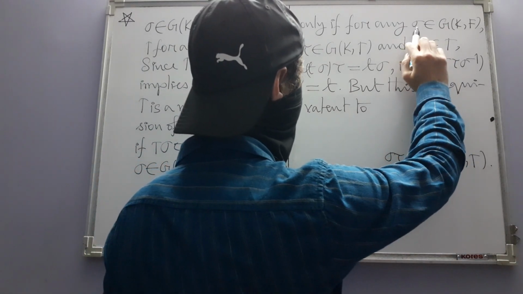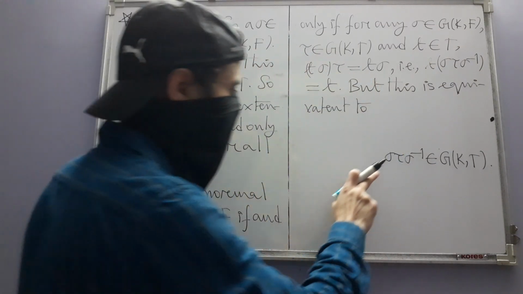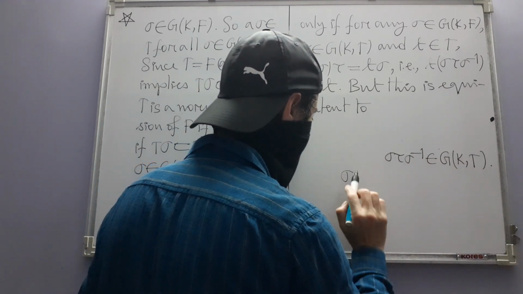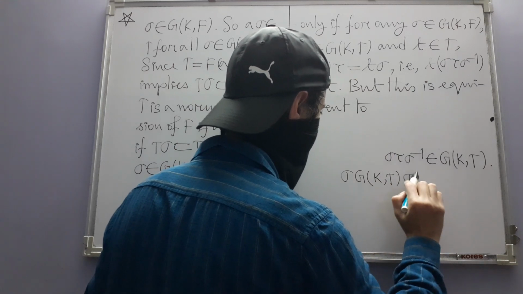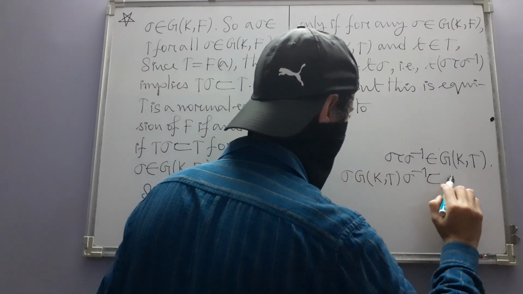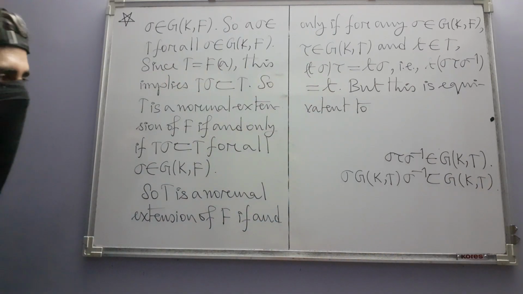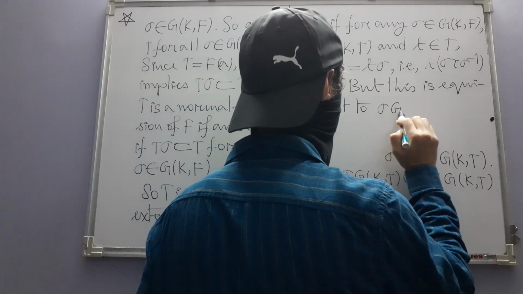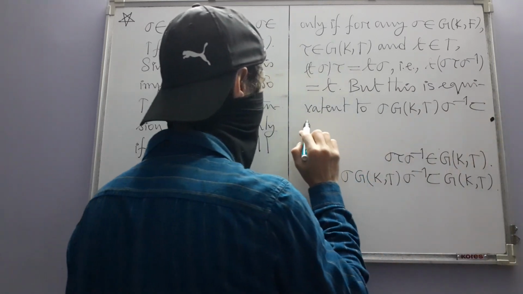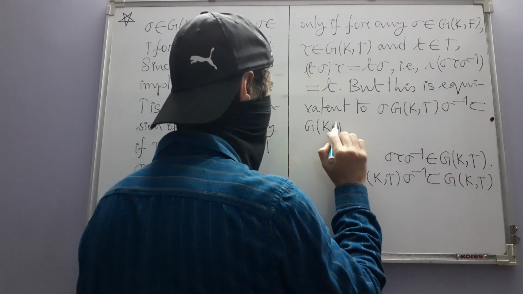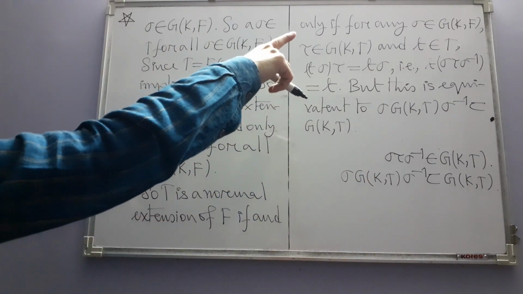So we have chosen any element σ from here, and τ is any element from here. And we have got this, which means that if you consider this conjugate of this group given by σ, then this is going to be contained in G(K,T). So we can write σ G(K,T) σ⁻¹ is a subset of G(K,T). But then G(K,T) is normal in the Galois group.